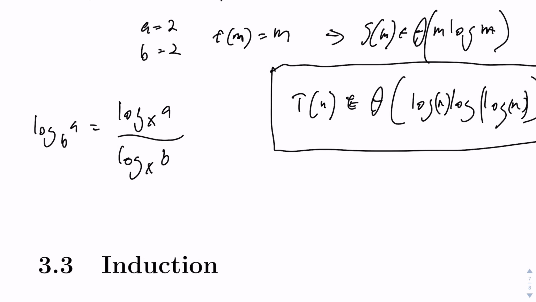This is the change of base formula. You can change the base of any log by just multiplying by a constant term, log base x of b. So asymptotically, they're the same. But yes, these would all be 2's because that's where we got them from.